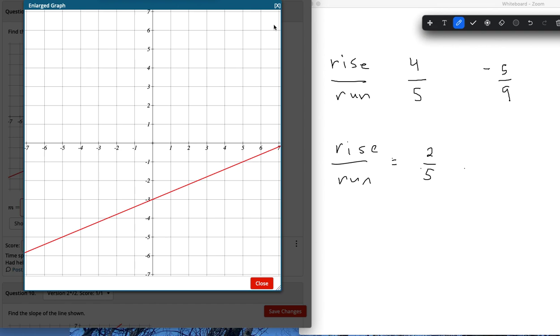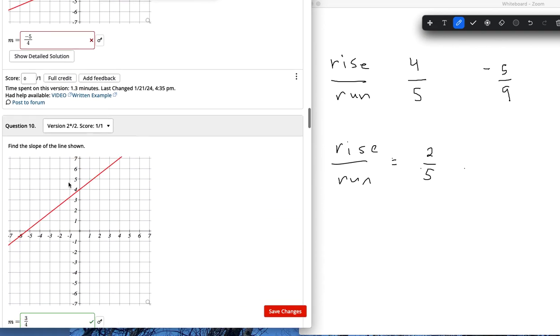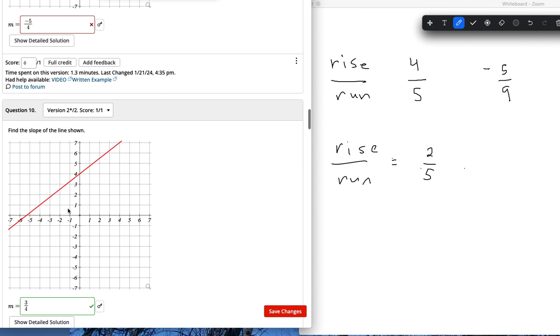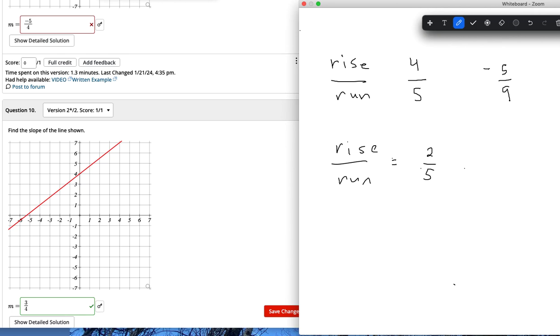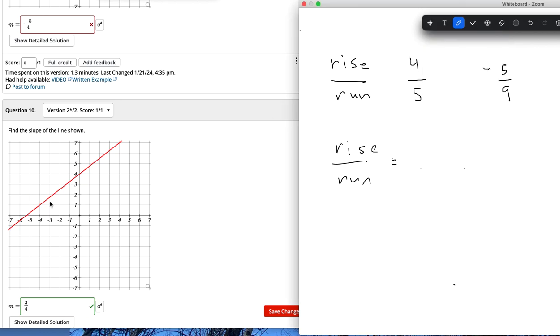The other thing that can happen, let me see if I can find one. Yeah, so this one you already have right, but let me just point out. It ends up being 3/4, so we're going over 4 and up 3. Sometimes I'll see people get back to pencil there, where they find 2 points that are farther apart than they meant to be.